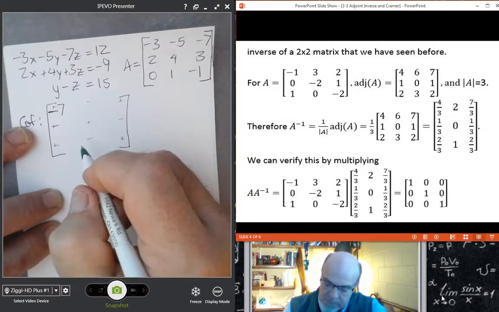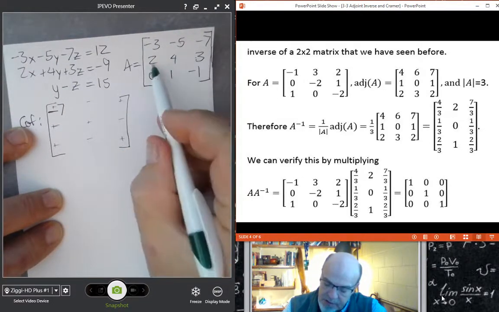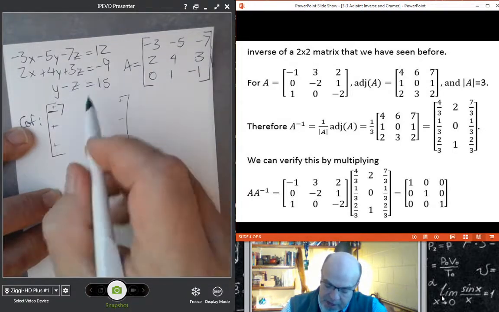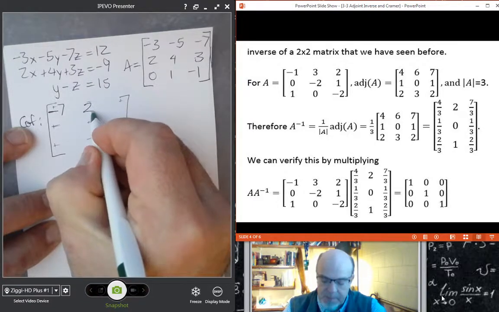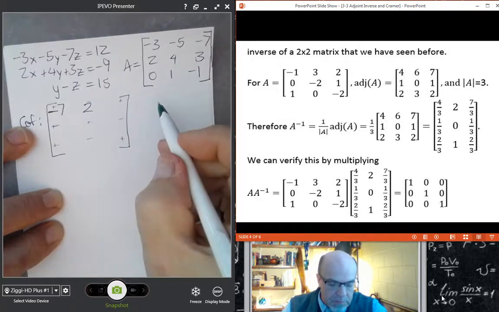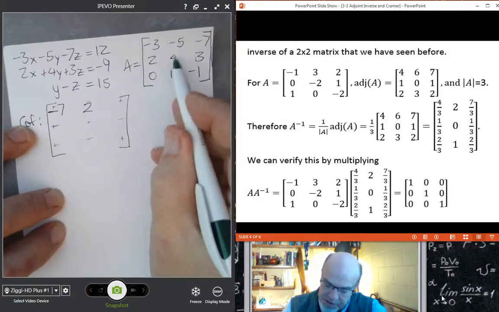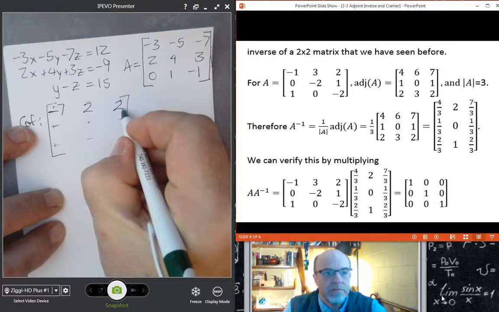Okay? And then working our way across to this position, we've got negative 2 minus 0, but the negative of that is positive 2. Okay? And then for the third, it's going to be 2 minus 0, which is 2 again.